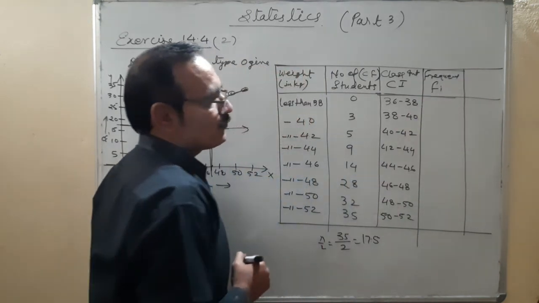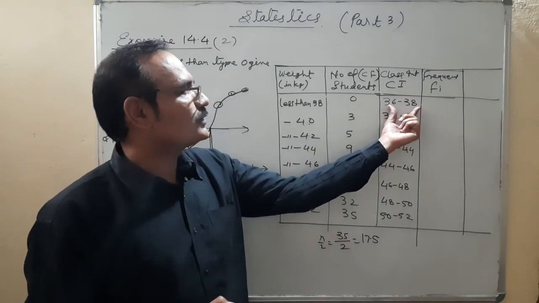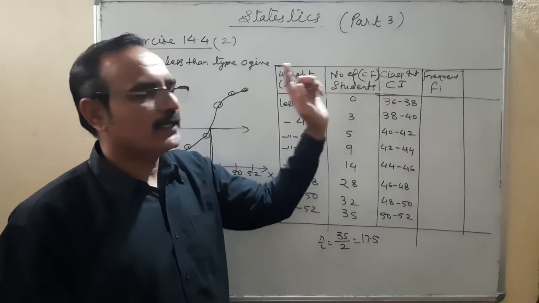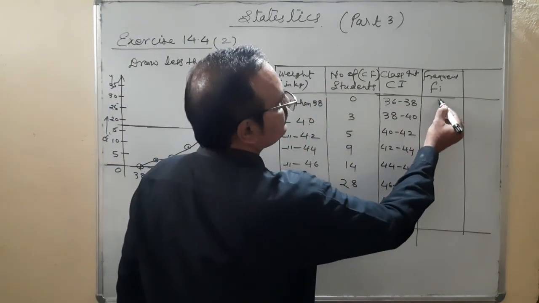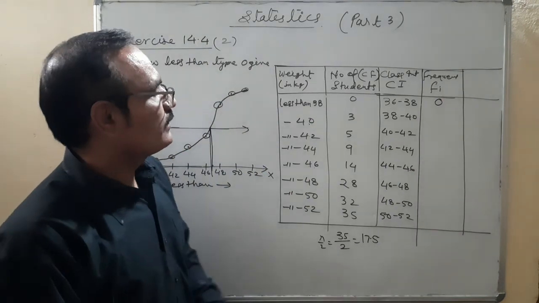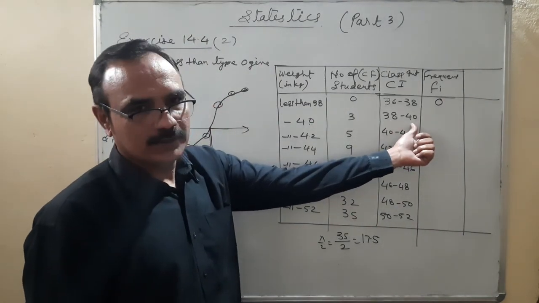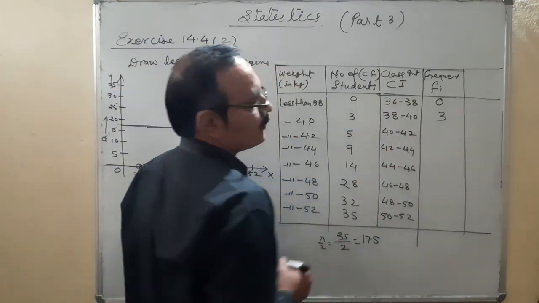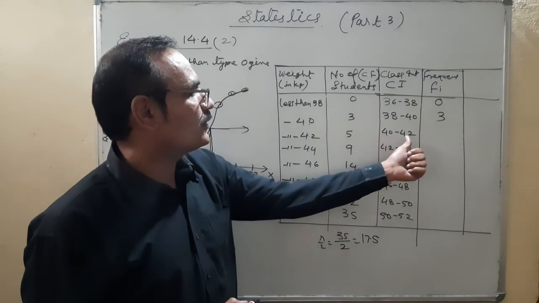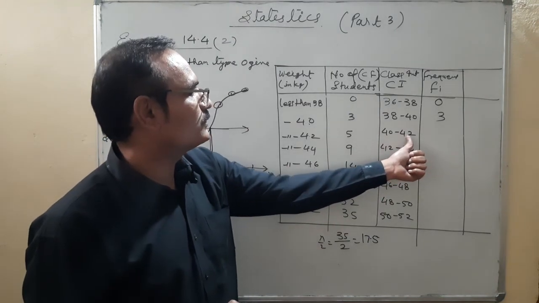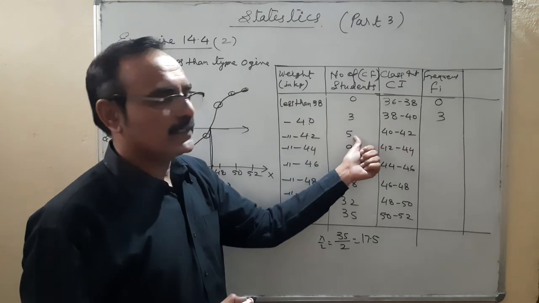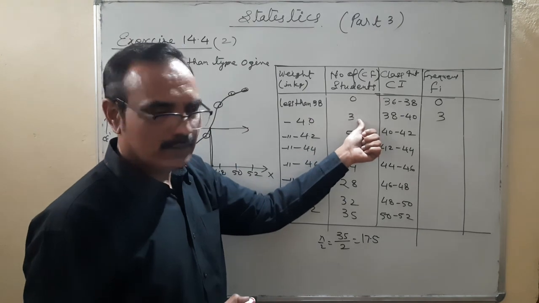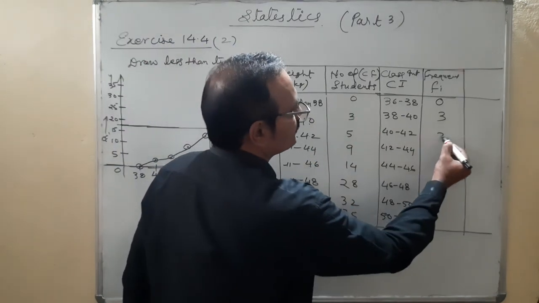Fi. For frequency, between 36 to 38, less than 38, it is 0. Between 38 to 40, 3 minus 0, that is 3. Between 40 to 42, total up to here there are 5, so from the 5 we subtract 0 plus 3. 5 minus 3 is 2.